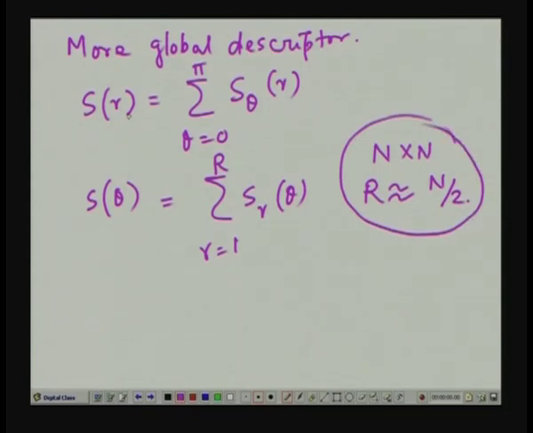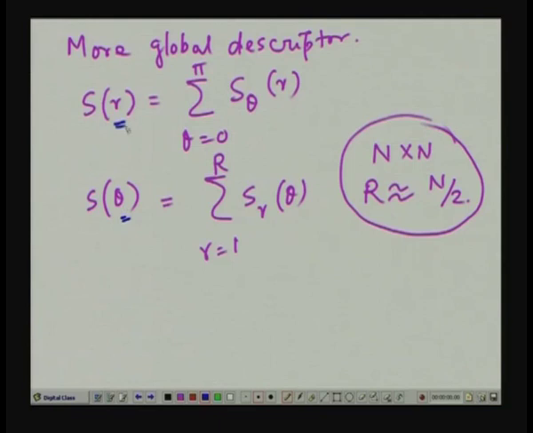Here you find that r is the radial variable and theta is the angular variable. By varying the values of r and theta, we can generate two one-dimensional functions which describe the texture energy content.